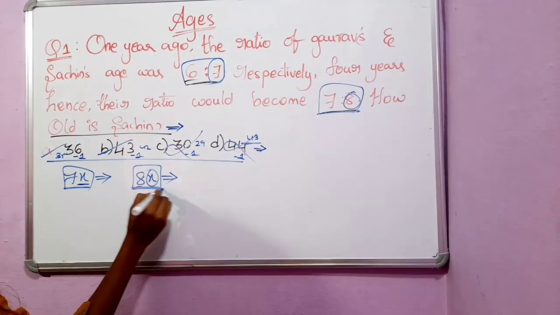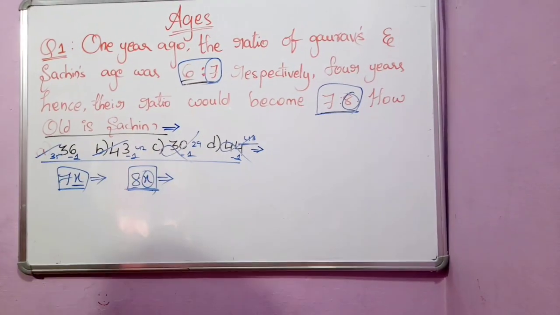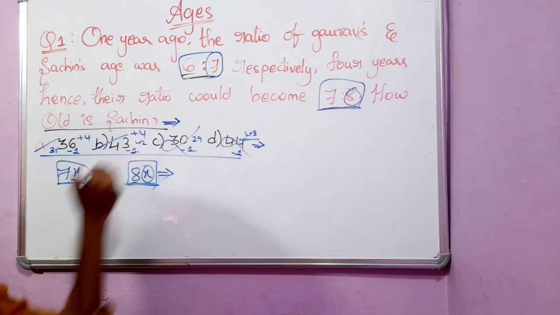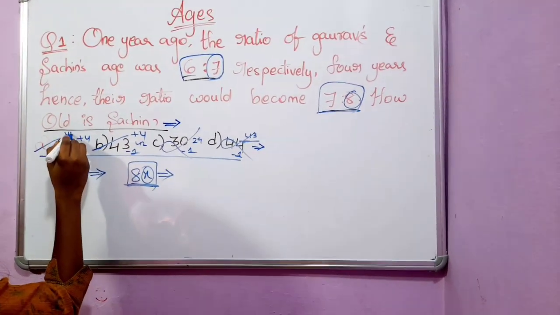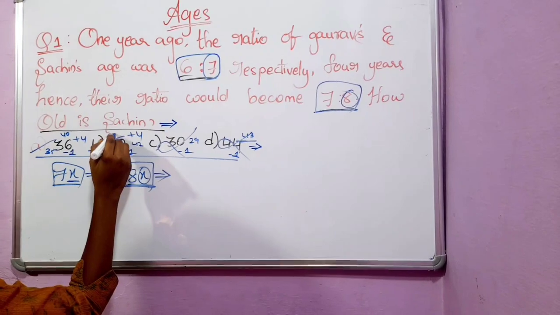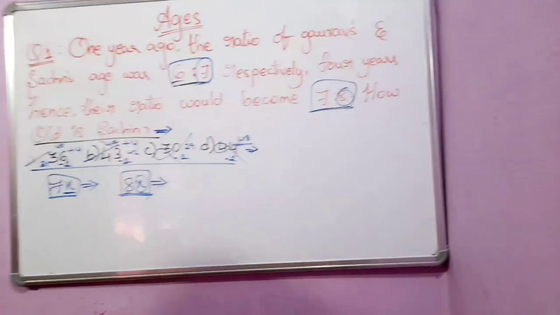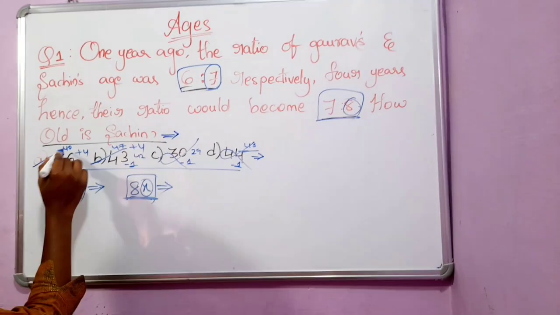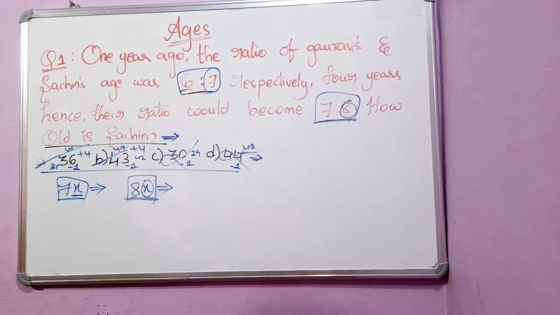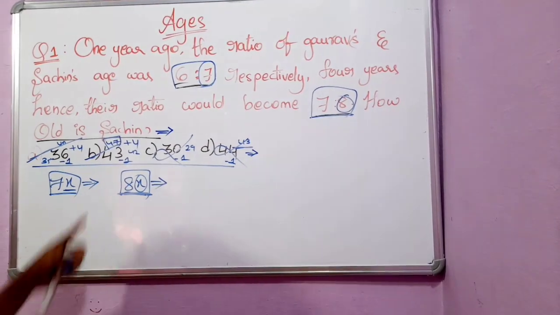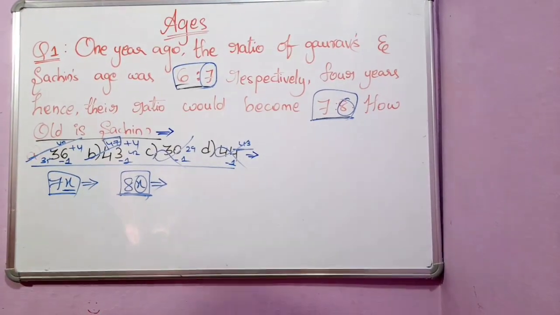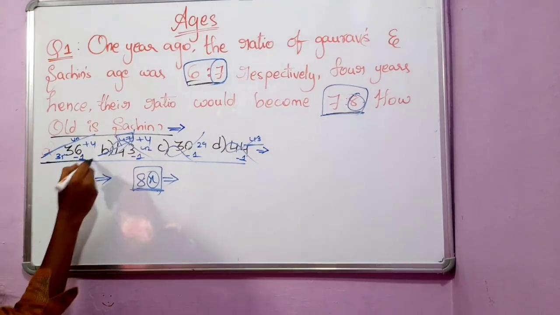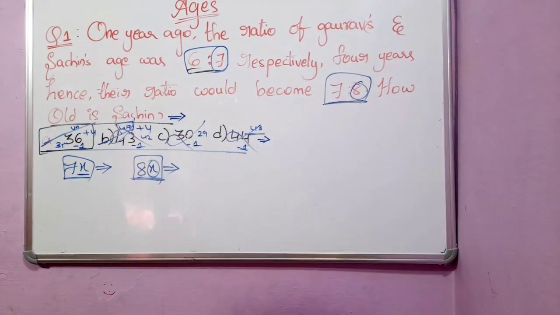But this is the ratio after 4 years, so we have to add 4 to each of these options. 36 plus 4 is 40, and 43 plus 4 is 47. Check whether 40 is divisible by 8 or not. Yes, 40 is divisible by 8. And 47 is not divisible by 8, so we remove this option. So finally we got 36 as our answer.